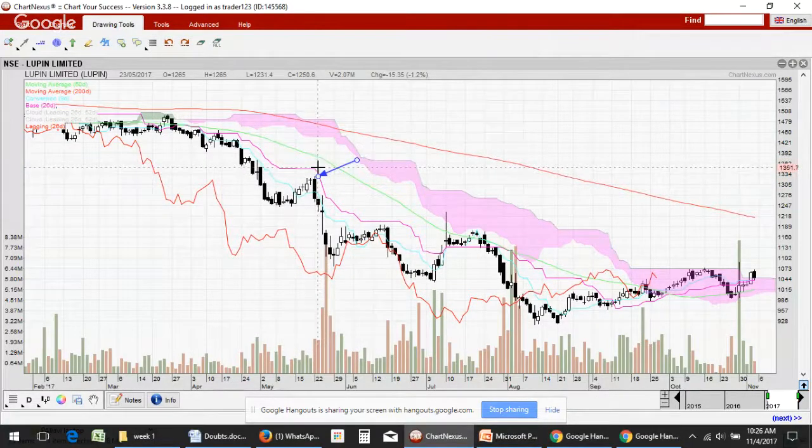First of all, you know that it's in a bearish trend because it's below the Kumo, and below the 50-day moving average. So you are looking for bearish stocks. Now you see this doji and a bearish engulfing right at the Kijun, which is your resistance point. Now that's a high probability scenario.